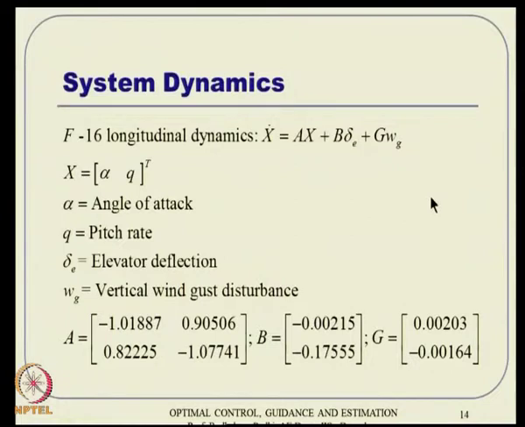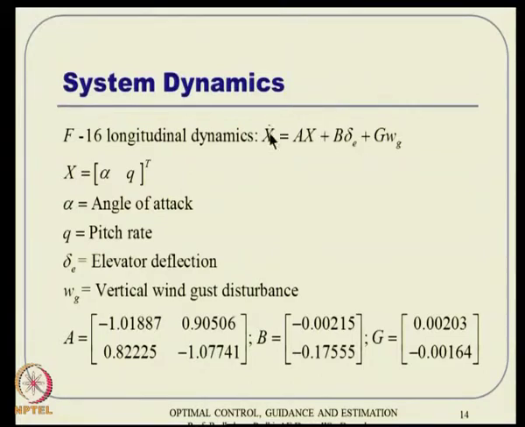Alright, so how does it operate? Let us see a small example problem here. This is F16 longitudinal dynamics. F16 longitudinal dynamics about some operating point can be written that way: x dot is A x plus B times delta E. The way to control this longitudinal motion phenomenon is by deflecting appropriate delta E to suppress that oscillatory behavior.